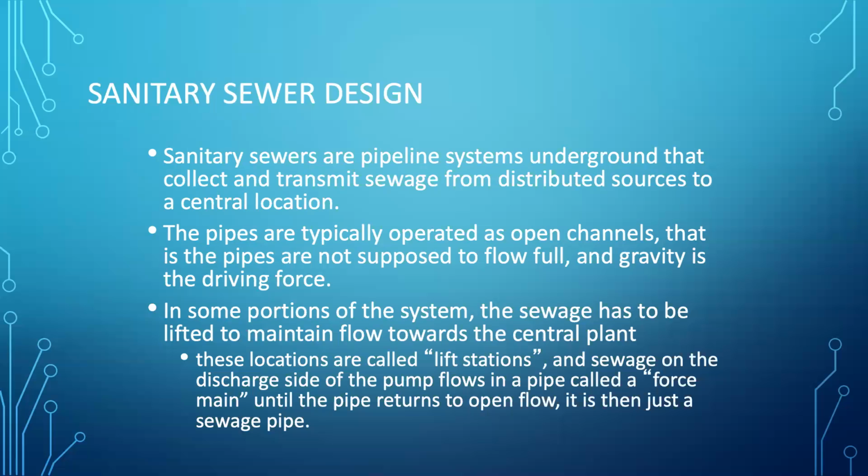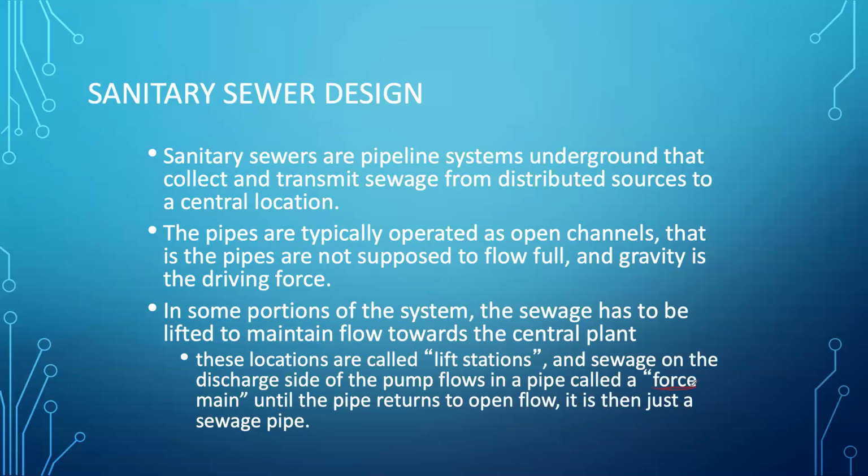There's portions of the system where the sewage has to be lifted to maintain flow towards the central plant. These locations go by the very cryptic designation of lift station. And sewage on the discharge side of the pump flows in a pipe that is usually called a force main.